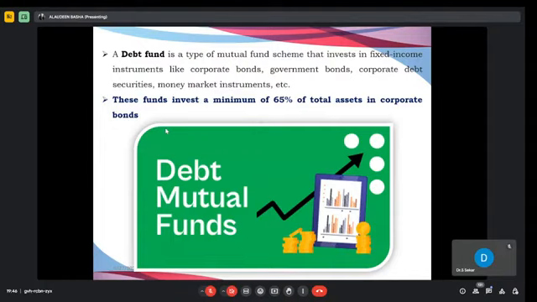It may be corporate bonds or government bonds or corporate debt securities or money market instruments, whatever it is. Most of the allocation will be only in bonds. So this kind of mutual fund is called a debt mutual fund.